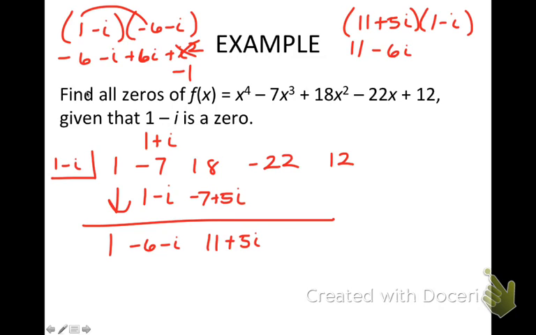And then we get a minus 5i squared, which would go to a plus 5. So 5 plus 11 makes 16 minus 6i. So adding this gets us negative 6 minus 6i.